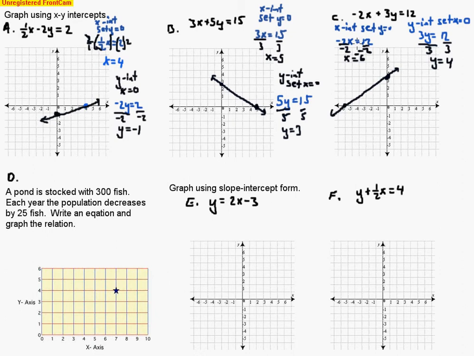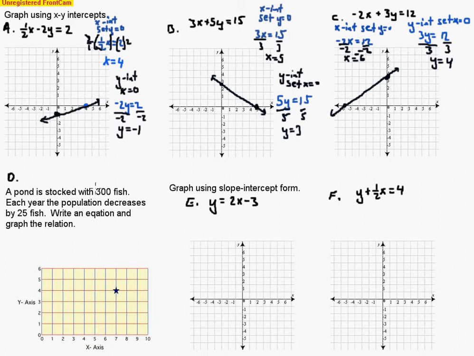It's mainly what you'll be doing on that section, but let's take a look at a couple other types of problems. Here's one: a pond is stocked with 300 fish. Each year the population decreases by 25 fish. Right here, the population decreases by 25 fish each year. Well, that tells us something about the years.